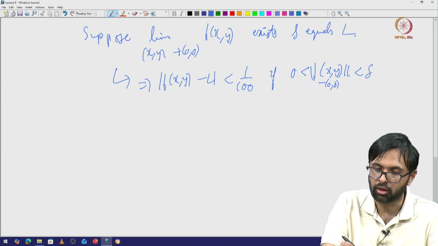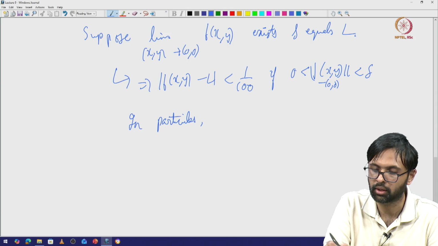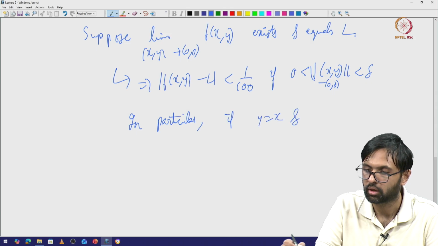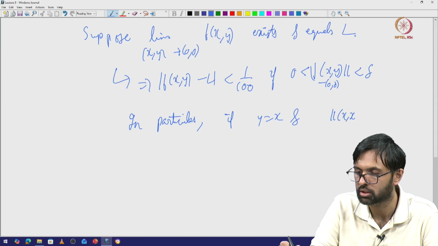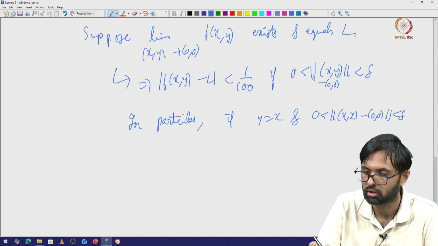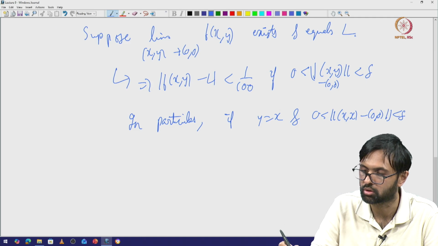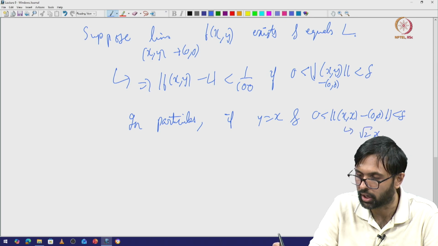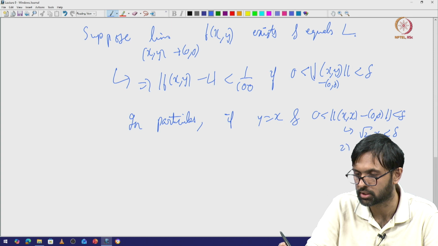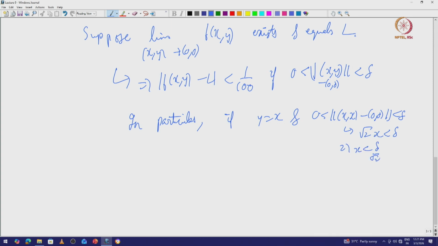So in particular, if y equals x and the distance from (x, x) to (0, 0) is less than delta, this would mean that the square root of 2 times x is less than delta, so x is less than delta by square root 2, then f of (x, x) minus L is less than 1/100. What is f of (x, x)? It's half. In other words, L is very close to half.